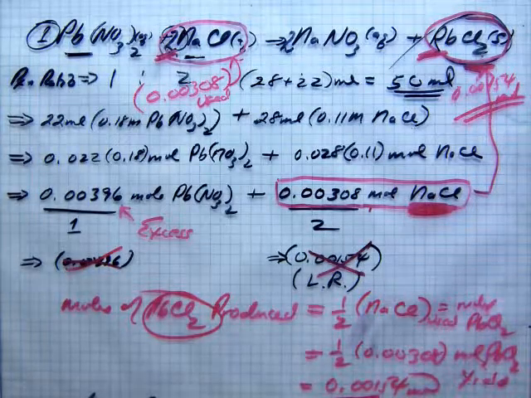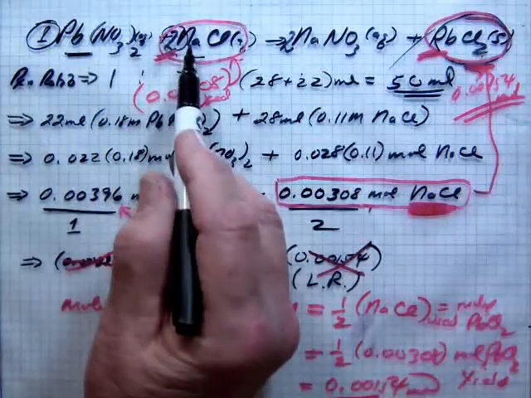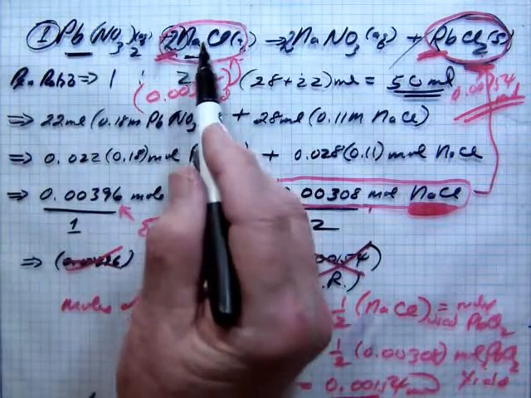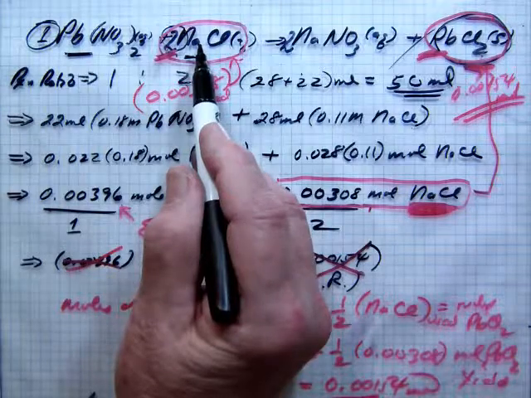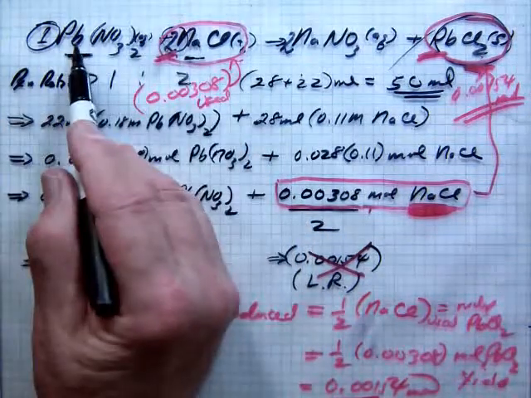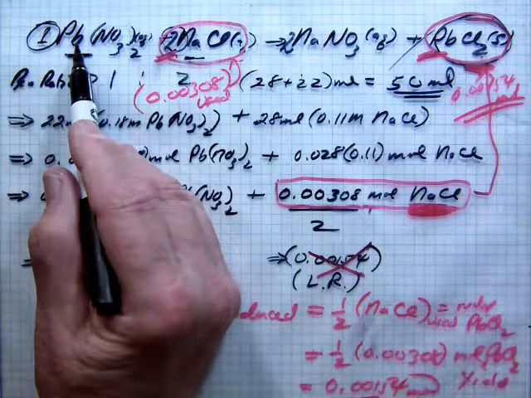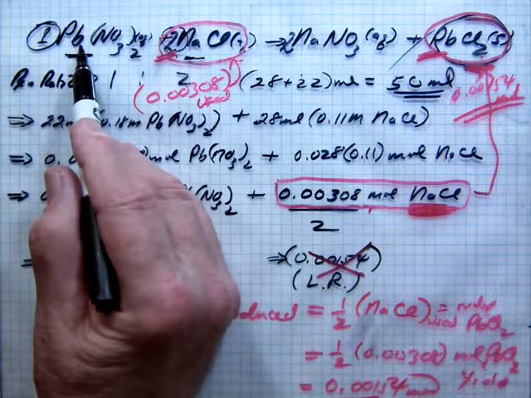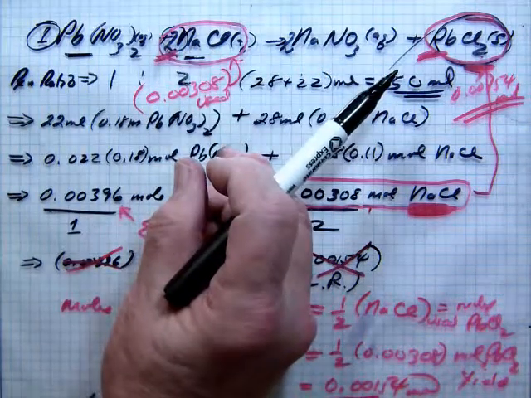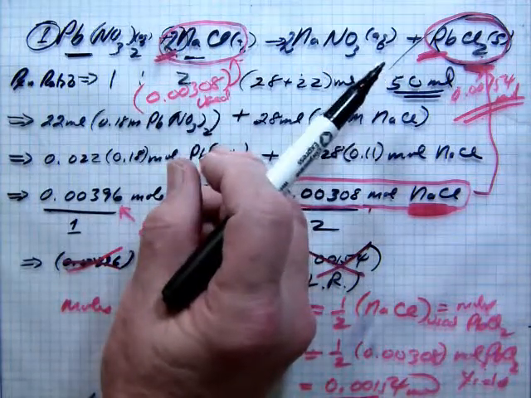It is or it ain't. So, how much lead nitrate would I consume when I use 2 moles of sodium chloride? I'll ask it again. How many moles of lead nitrate will be consumed when I consume 2 moles of sodium chloride? 1. Half. That's right, 1.